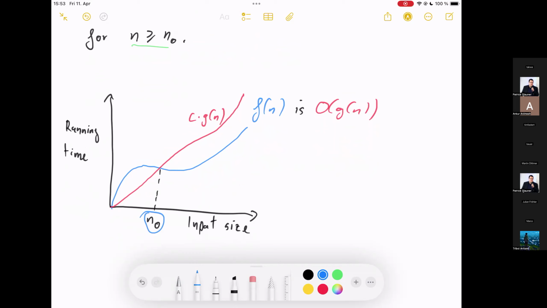Initially, in this region here, f of n is greater than c times g of n, but starting at some threshold, f of n is less than or equal to c times g of n. And if that holds true, we say our f of n is O of g of n.